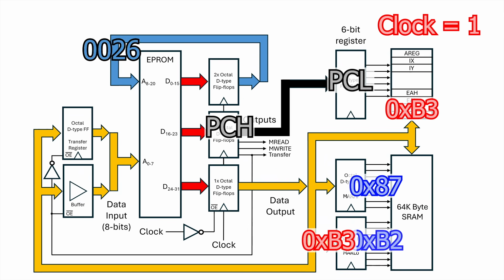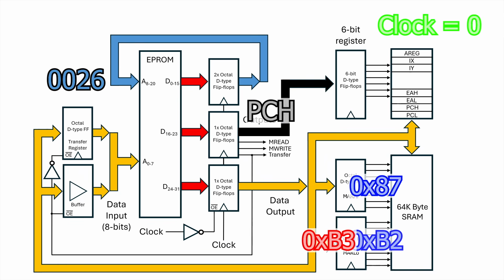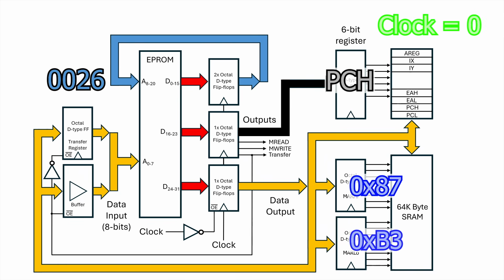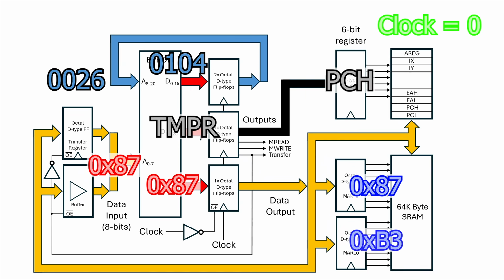State 26 loops around. Next, program counter high is latched into the notepad address. B3 is latched into MAR low. Then, while clock's low, we read the 87 hexadecimal. With state 26 and 87, we output next state 104, output symbol 87 hexadecimal, and notepad address temp register.